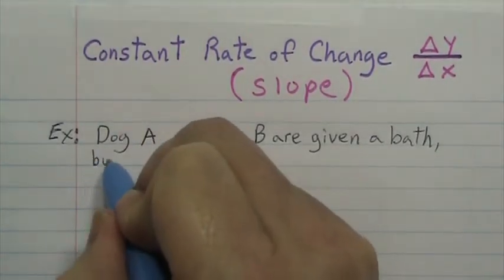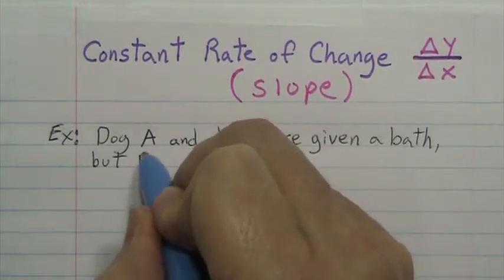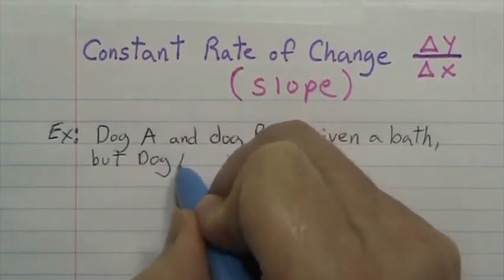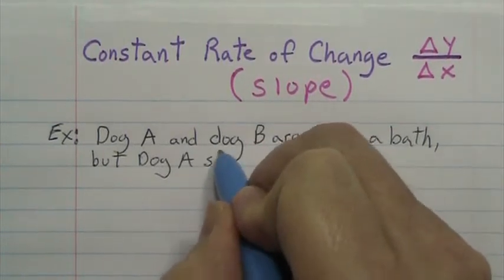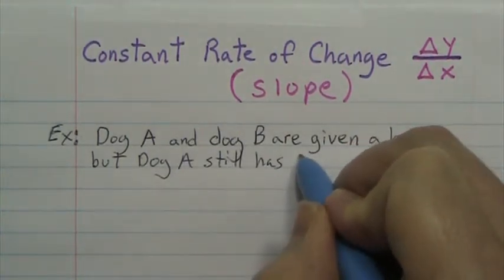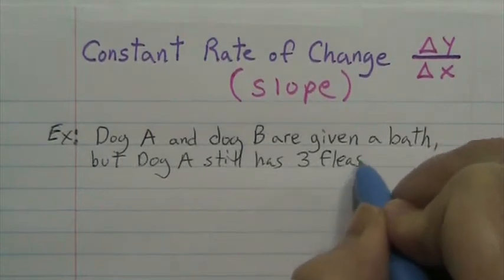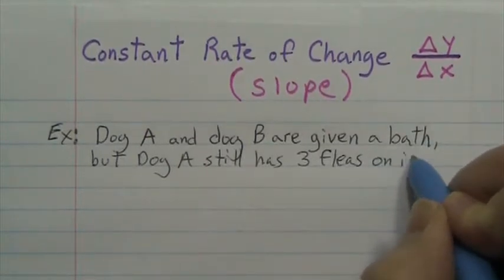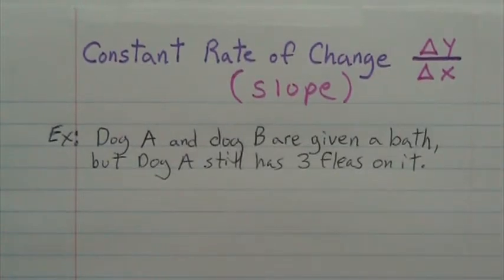But, and we'll say dog A still has three fleas on it. Got it? 2 dogs are given a bath, but one of the dogs still has fleas on it. Maybe one took a flea bath and the other one didn't.